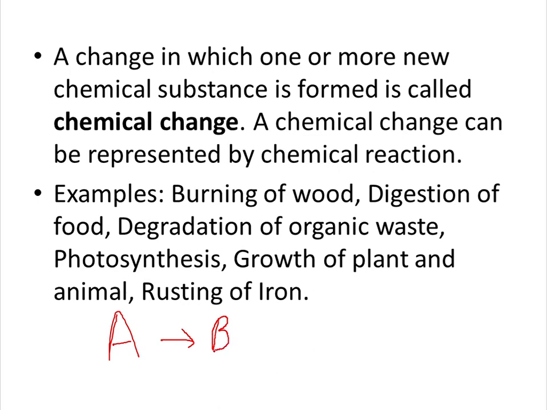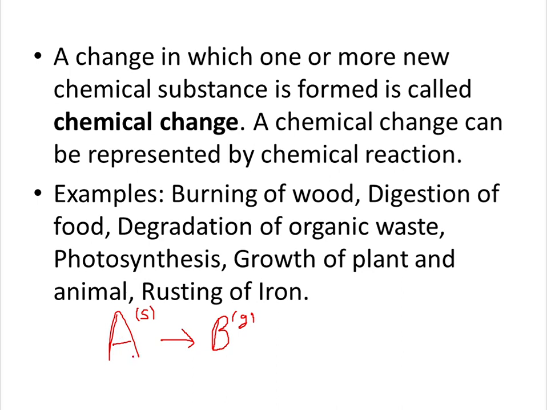Now let's take an example. Say A is a substance which is solid at room temperature and it gets converted into B, which is gaseous at room temperature. Like if you burn coal, right?